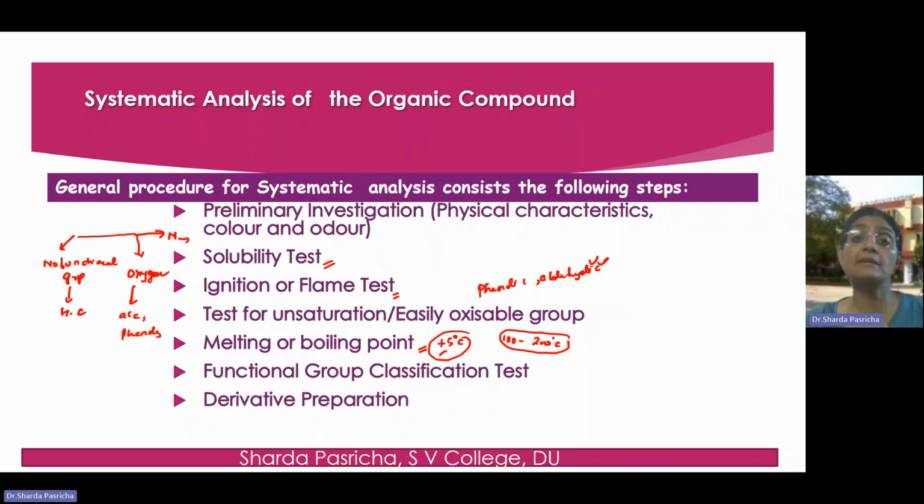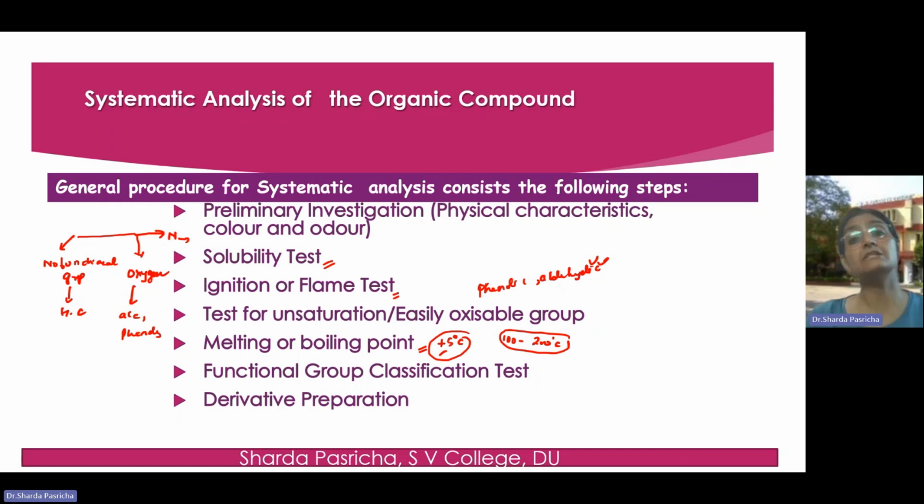And that common derivative, once you identify, you take this unknown compound and prepare that derivative. So when you prepare the derivative and crystallize it, take the melting point of that derivative. So from the melting point of the derivative, you can go back to your table of probable compounds and find out what is the exact name of your compound. That is the approach for identification of the unknown organic compound.